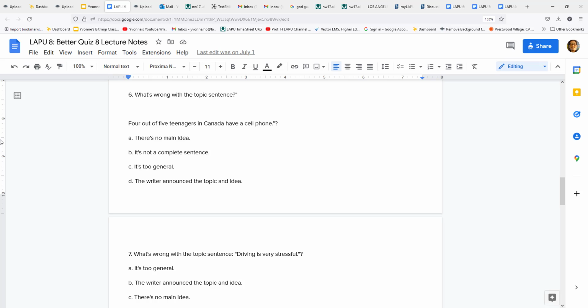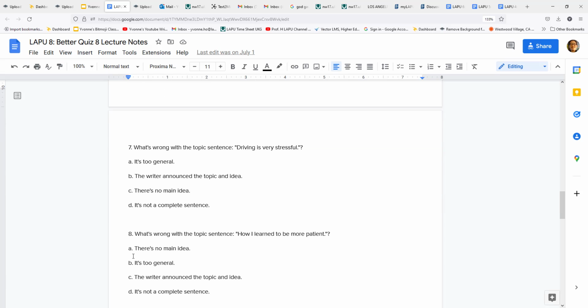Then you have a good sentence. So C, it's too general. What's wrong with the topic sentence? "Driving is very stressful." Once again, it's too general. So why is driving stressful? Driving is very stressful because the driver has too many kids in his back seat distracting him, or driving is very stressful when the cell phone rings, that sort of thing. So here it's too general.